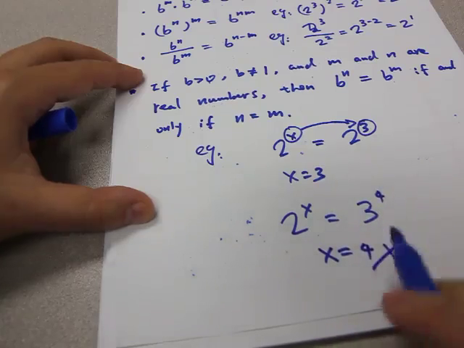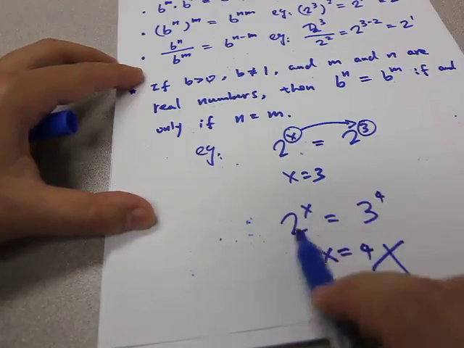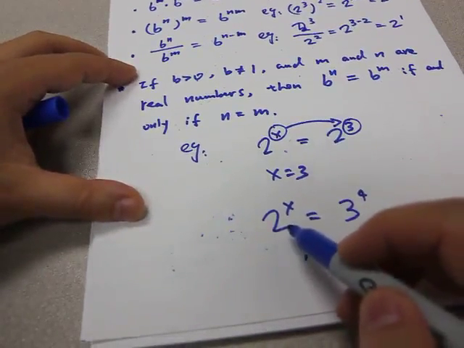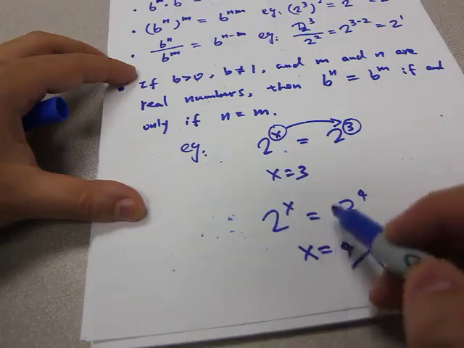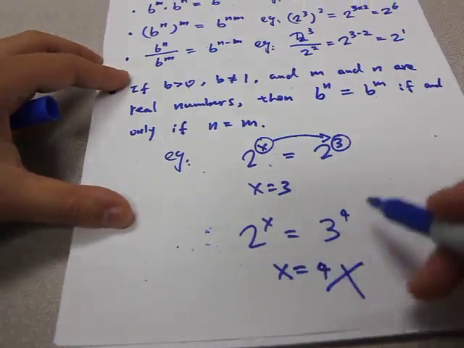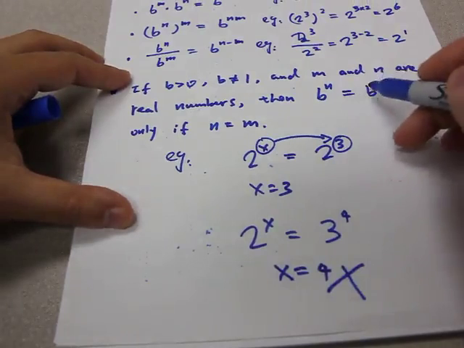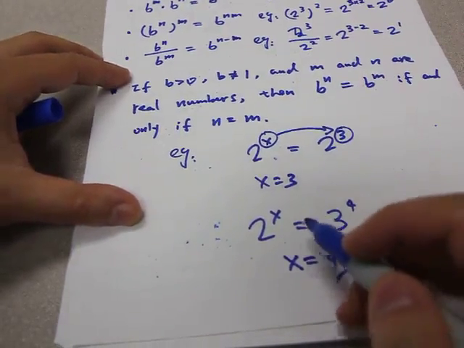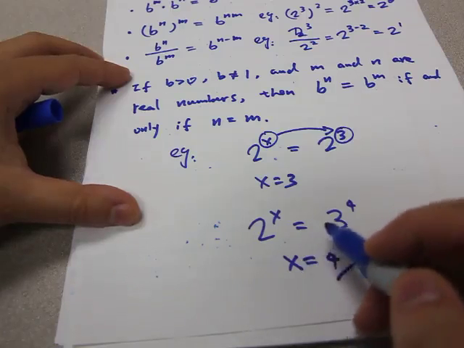No, in this case, x is not equal to 4. And for this type of exponential equation, we are not able to use this property to solve it because the bases are different. And then how to solve this type of equation?